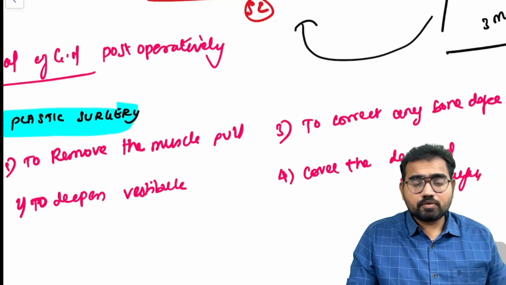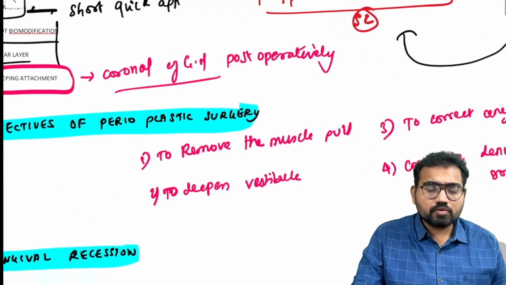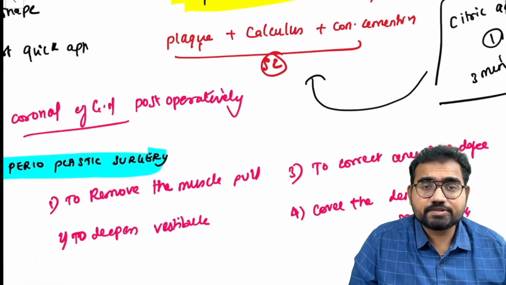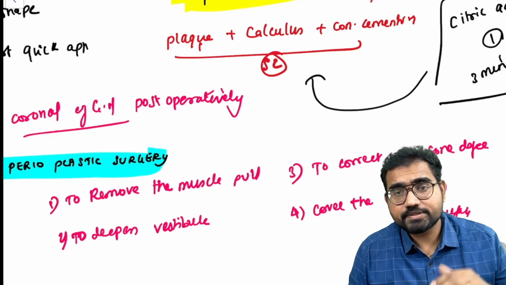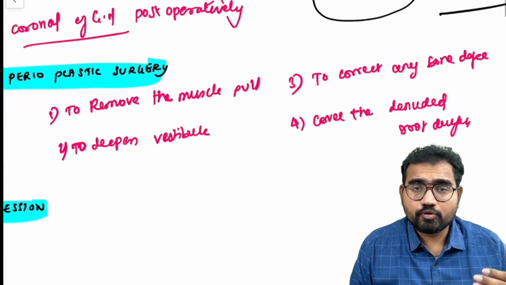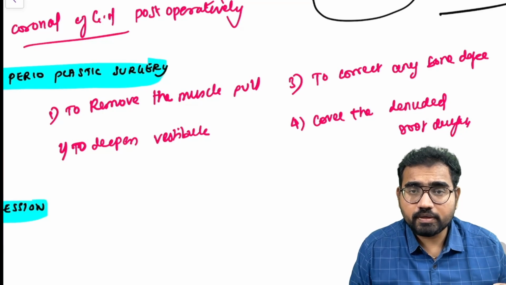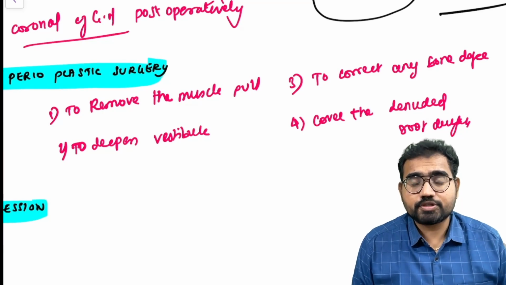So these are a few objectives of perioplastic surgery. That is, I'm going to increase the size of the vestibule, or do a frenectomy or crown lengthening, or cover the denuded root surfaces.